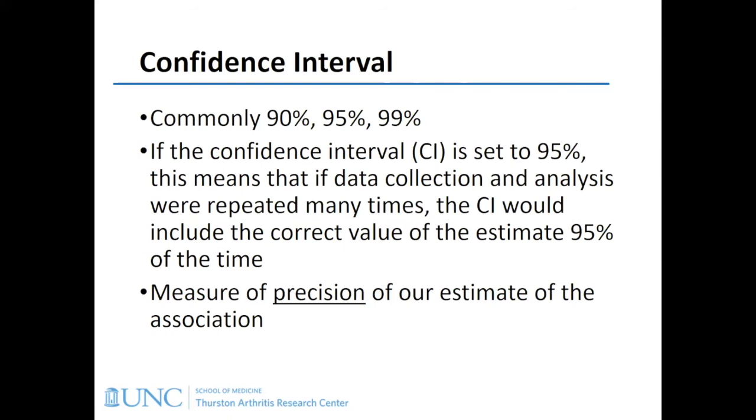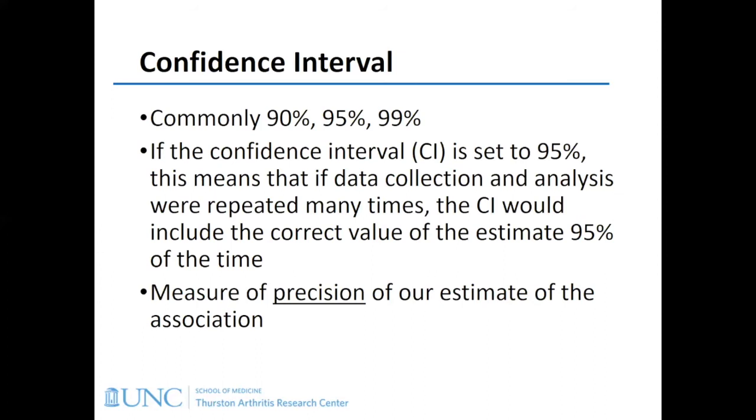And it's not how confident we are that the association we found is correct. It's in fact this long definition here. If the confidence interval is set to 95%, this means that if data collection and analysis were repeated many times, the confidence interval would include the correct value of the estimate 95% of the time.